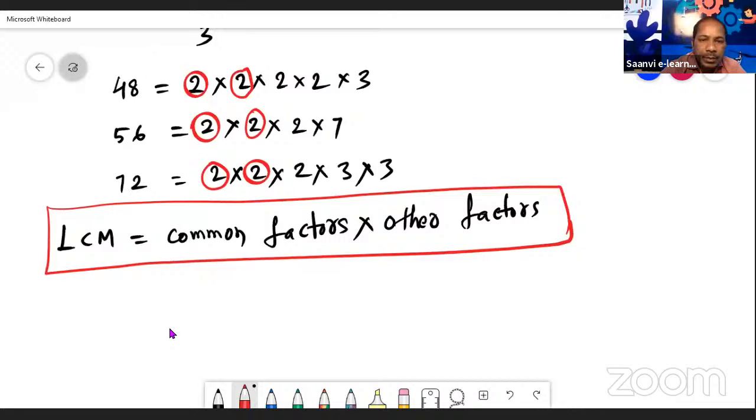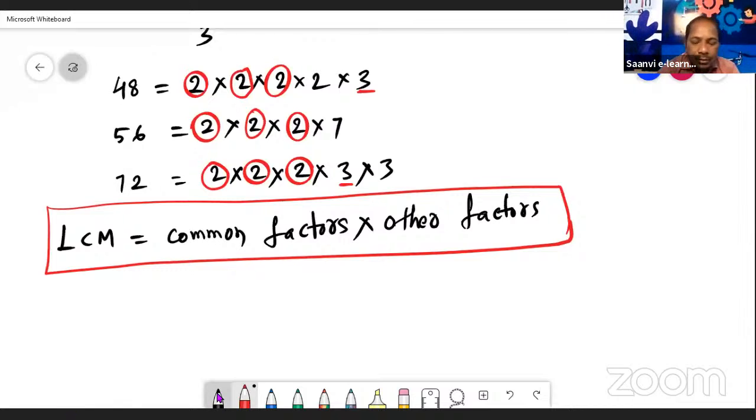Again, one more 2 is also present here: this 2, this 2, and this 2. Again, is anything present in 3 numbers? No. Okay. 2 is not present, but here 3 is present in the first number and the last number. Only write it one time, not that many times.